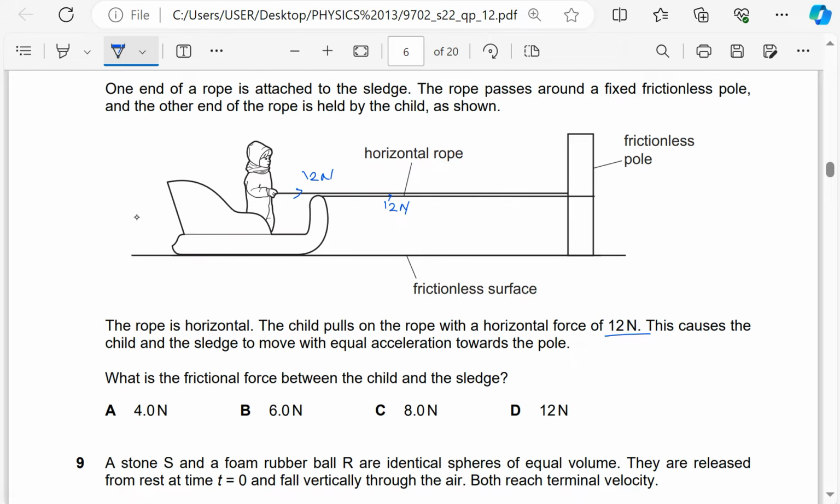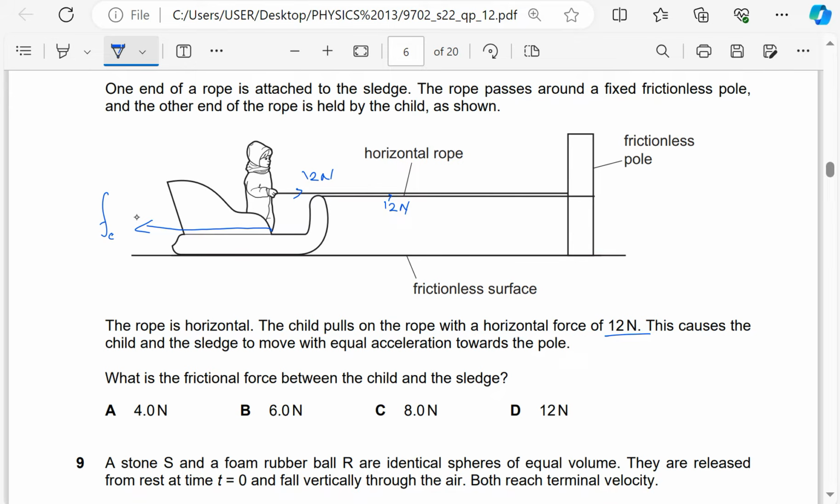Okay, so if the child tends to slide forward, then the frictional force on the child is going to be in the opposite direction. So this is going to be the frictional force on the child. If the child slides forward because of the pull, then the friction is going to be backward.